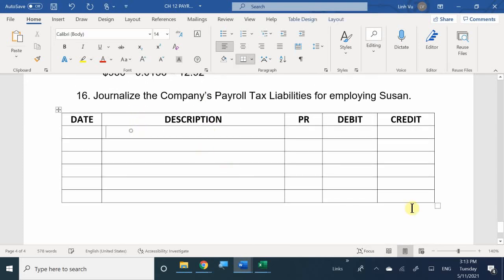Then, last but not least, let's journalize these payroll tax expenses. Company FICA, FUTA, SUTA, and workman's comp.